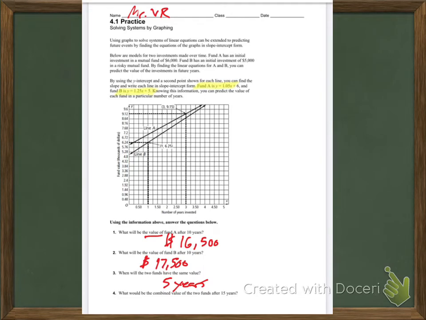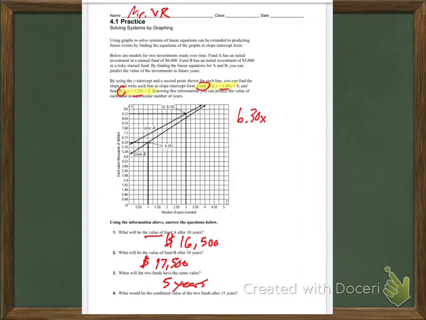So if I want to see the value after 15 years, what I'm going to do is put Fund A and Fund B together by just adding them together. So that's going to be 6.30x, and I just added this and this.